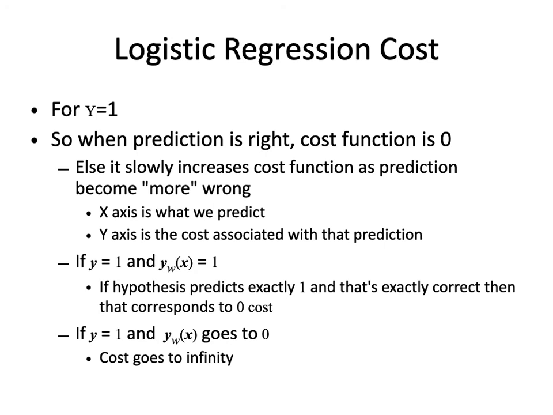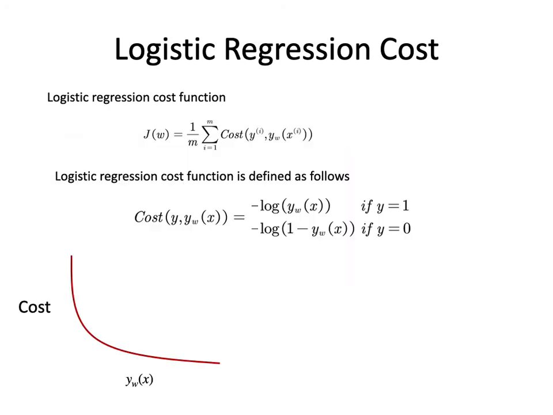So in this case we can see that as the model output tends to 0 and the actual output to be predicted is y equal to 1, the cost goes to infinity.